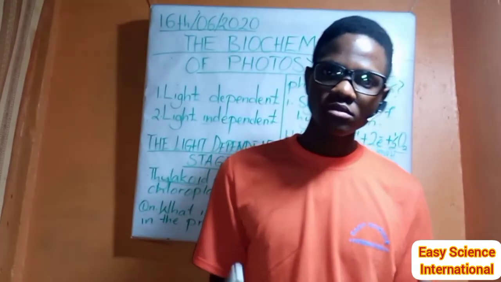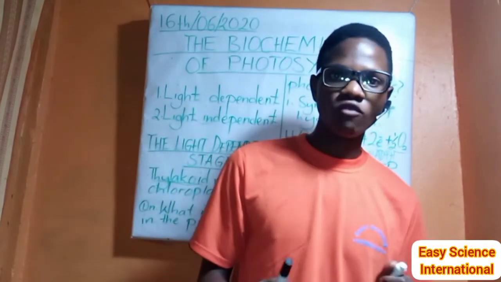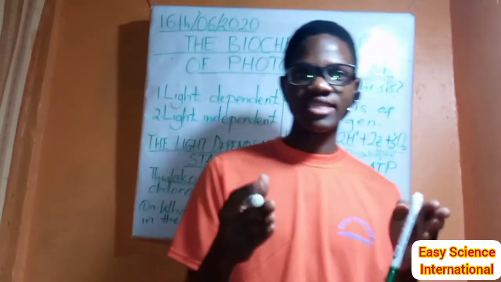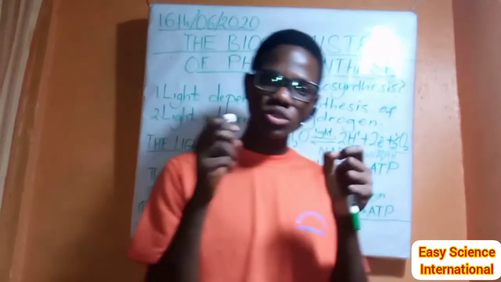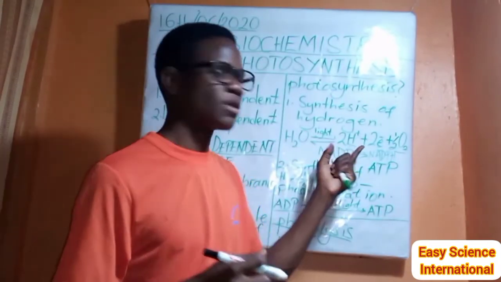So we've seen so far the first significance or role of the light dependent stage is to synthesize for us hydrogen. Where do we get it?